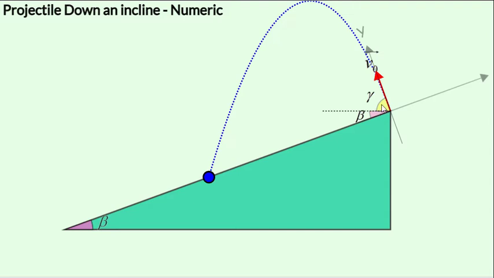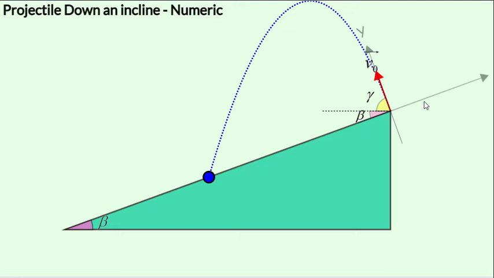Be careful here. Gamma is not the angle of launch. The angle of launch is beta plus gamma with respect to the incline. We've rotated the coordinate system such that the x-axis lies along the plane of the incline.